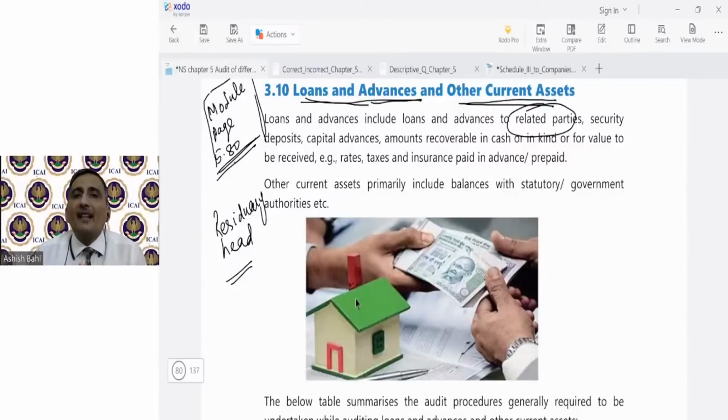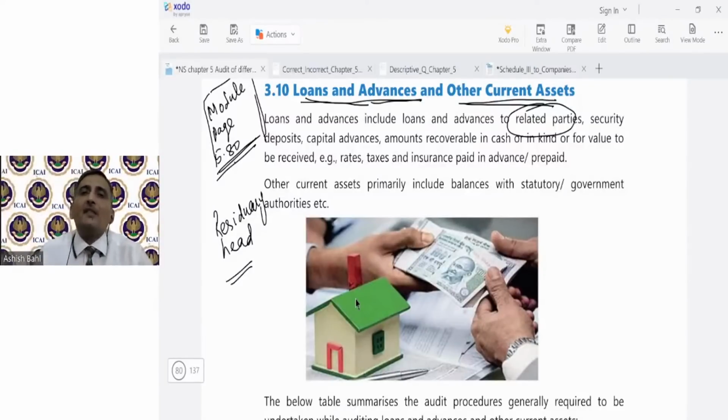You have to understand, number one, CARO 2020 is an order which has been issued by the government, which states that the auditor has to report on certain matters.